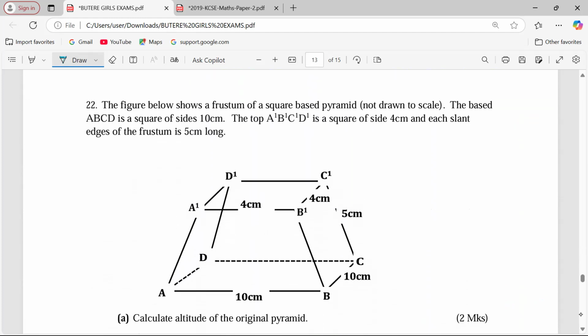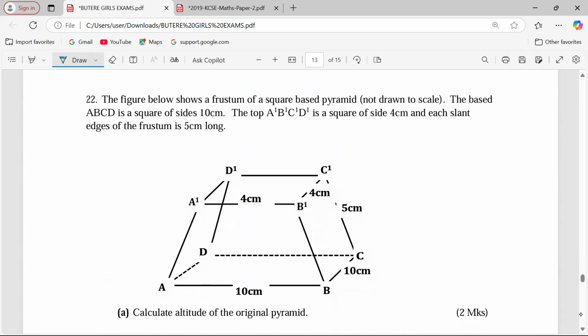Looking at number 22 now, which is our last for this session. We'll continue with the paper later, but now we can check number 22, the last one. The figure below shows a frustum of a square-based pyramid, which is not drawn to scale. Square-based, 10 by 10, you can see.